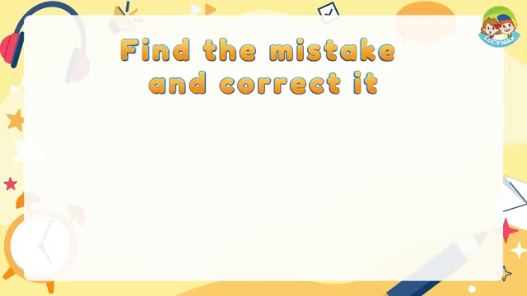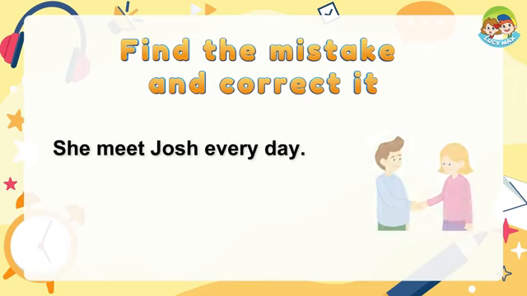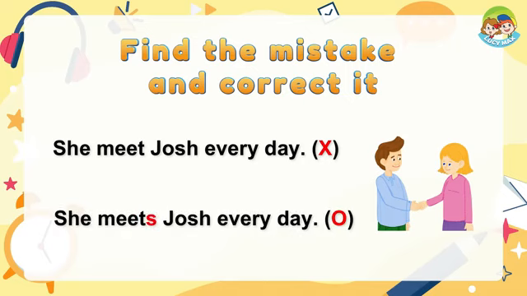Find the mistake and correct it. She meet Josh every day. The verb meet should have an S because the pronoun is she. She meets Josh every day.